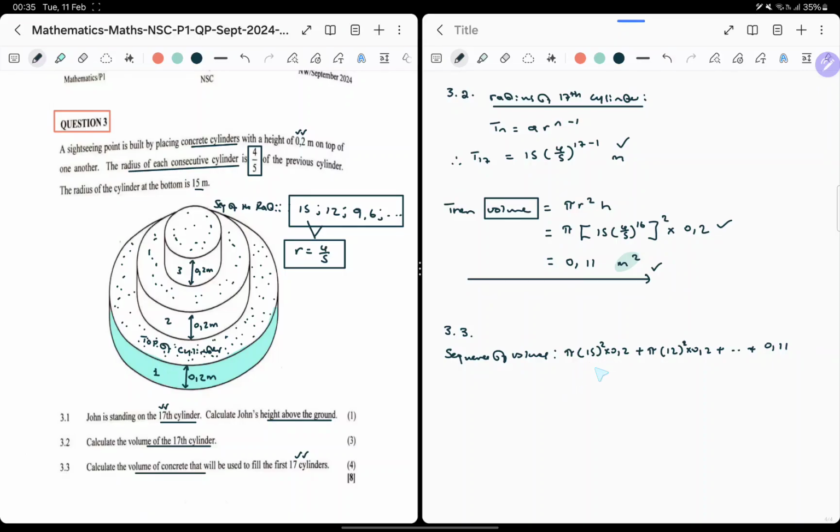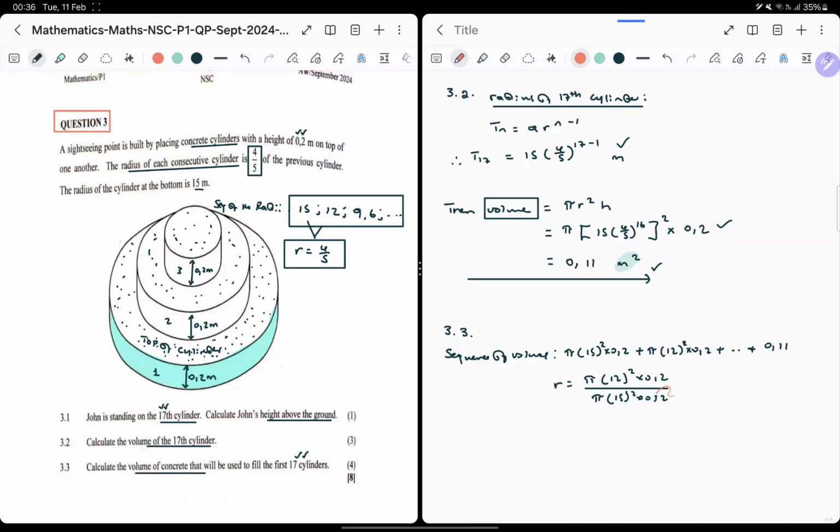So we just need to find out, is there a common ratio? If there is, what is it? Obviously, it's going to be those of the radii because everything else will divide out nicely, leaving these ones. So we can say r here is essentially pi times 12 squared times 0.2 divided by pi times 15 squared times 0.2.